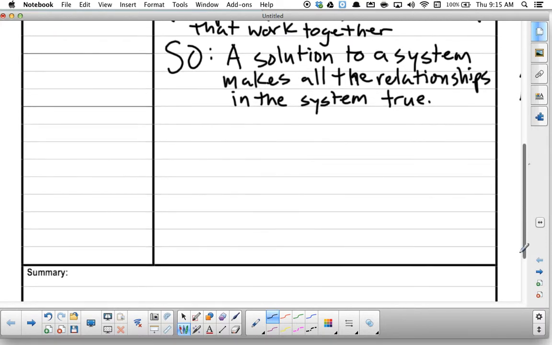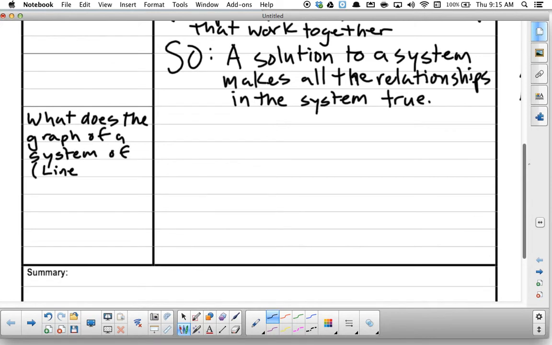And so I'm going to write the next big question, which is, what does the graph of a system of linear equations look like?